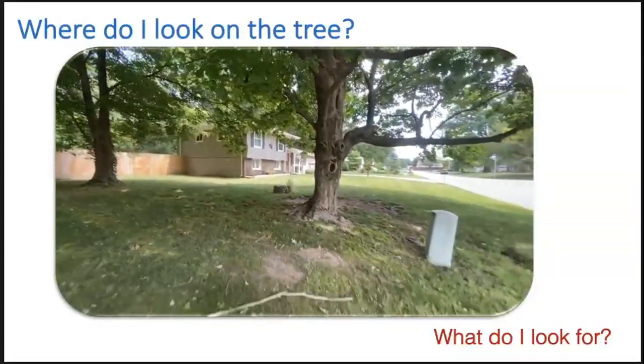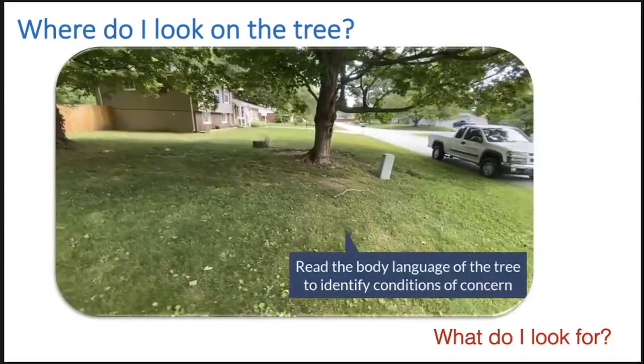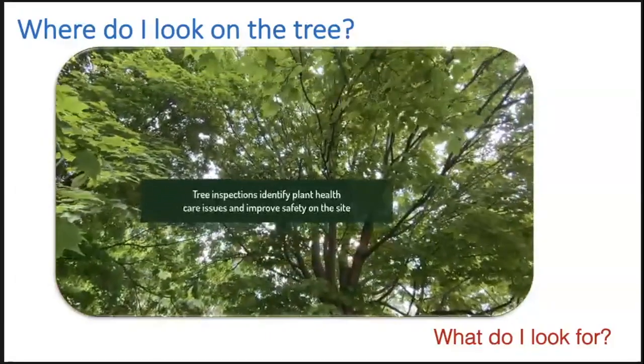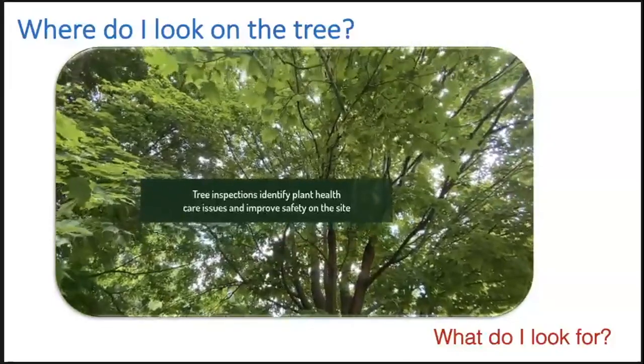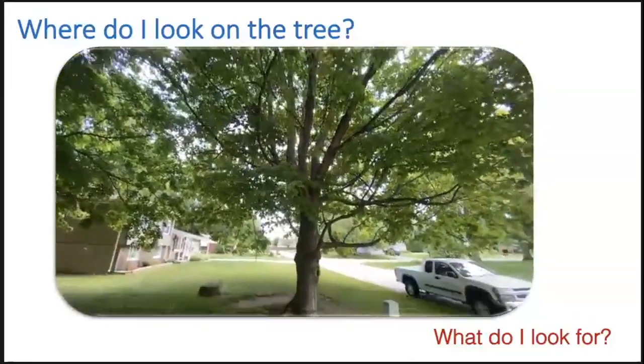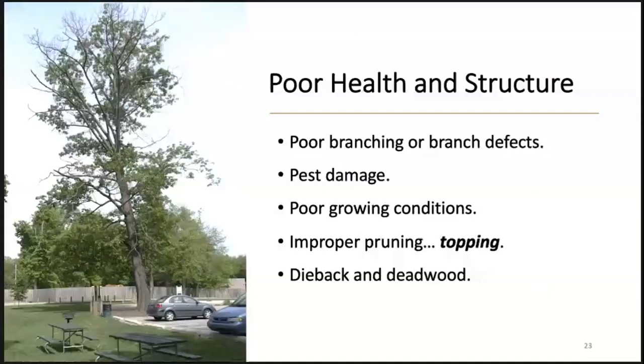So again, basically what I'm doing is just looking at the body language of the tree, looking at it in three basic sections. I look at the roots, I look at the trunk, and I look at the crown in isolation, and then together to determine what really are the issues that are increasing the likelihood of failure.